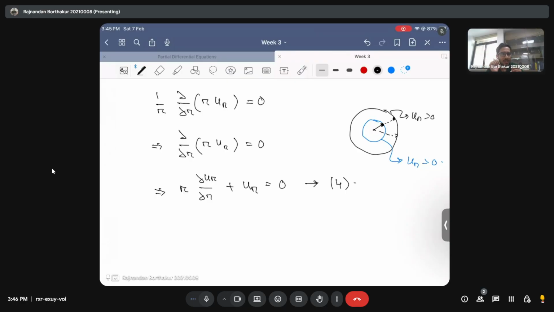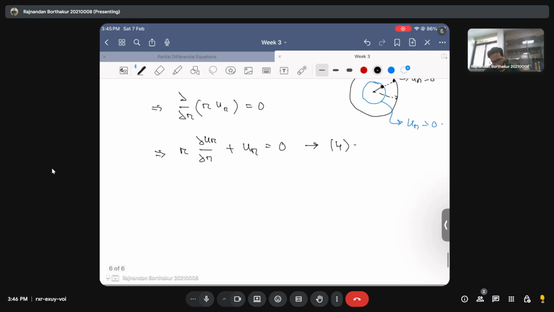I repeat, from the no penetration boundary condition, I know that my u_r at the interface of the inner and the outer cylinder is 0, and I know that there is no mechanism inside the fluid which can generate a non-zero u_r apart from these two points. This then says that at each and every point inside the fluid, my u_r, that is the r component of the velocity field, is going to be equal to 0 everywhere.